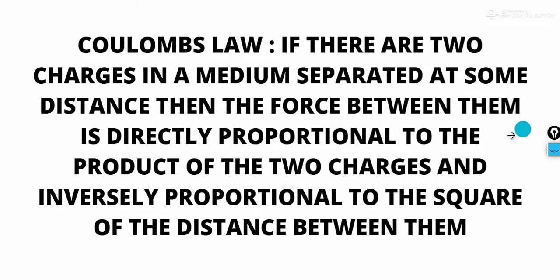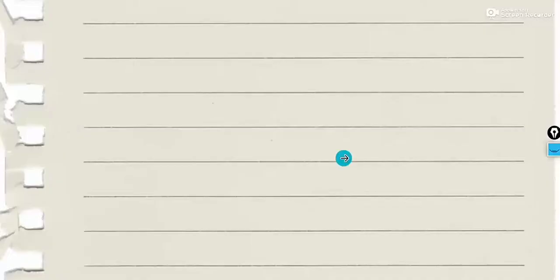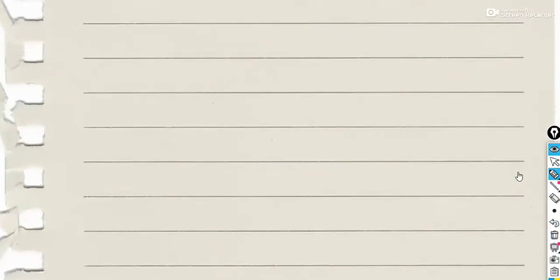Let us see it pictorially. Here if I consider two positive charges, let this be q1 and this be q2, and the distance between them is r. The force on q1 and q2 will be equal and opposite.